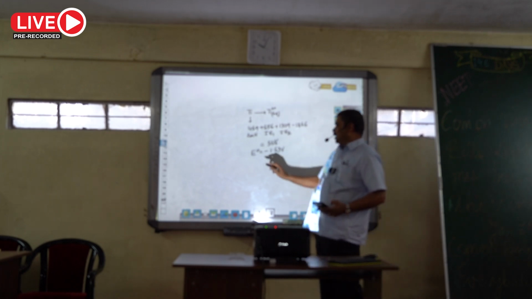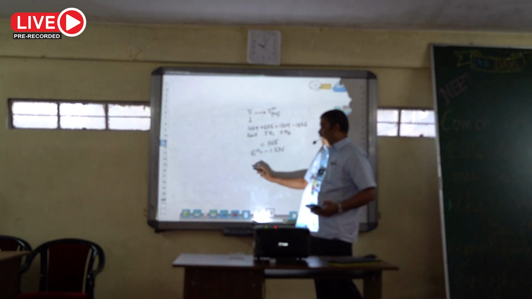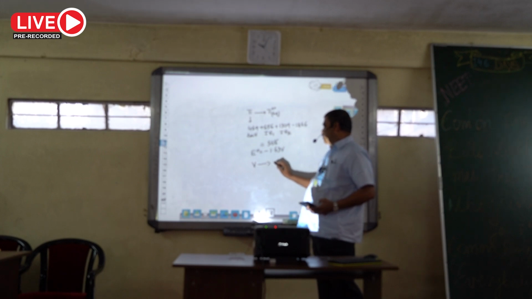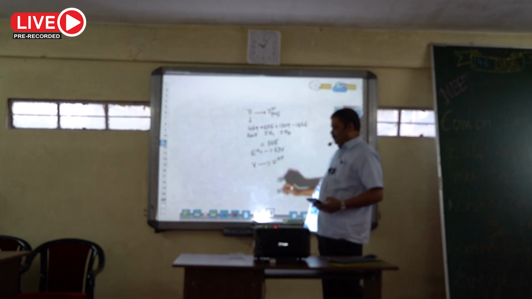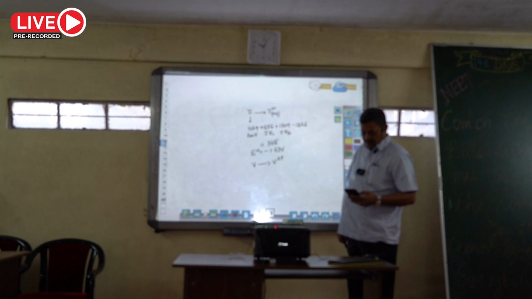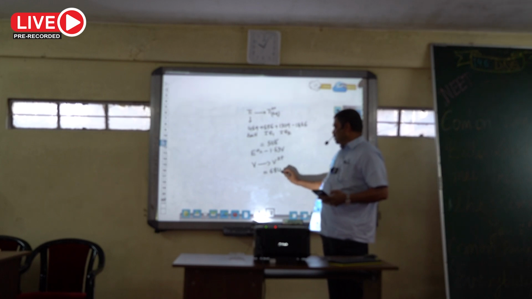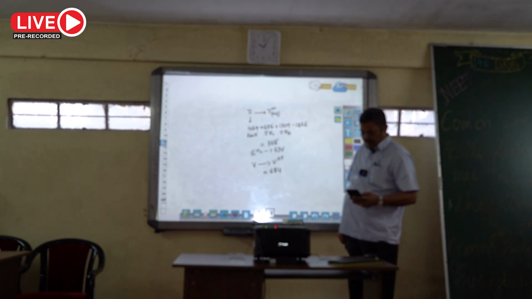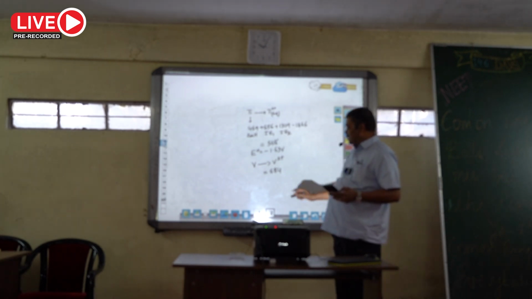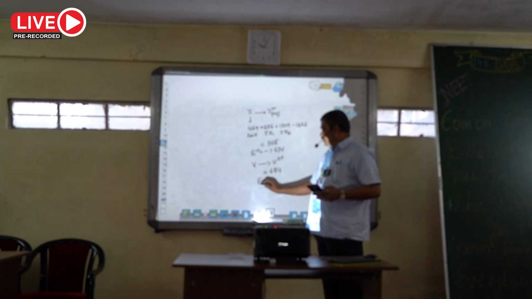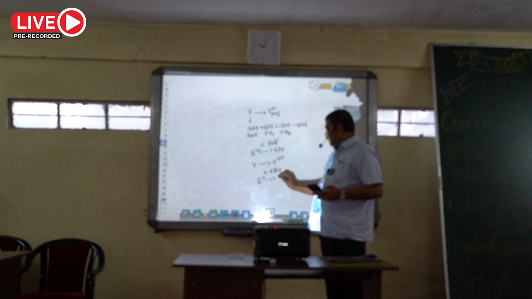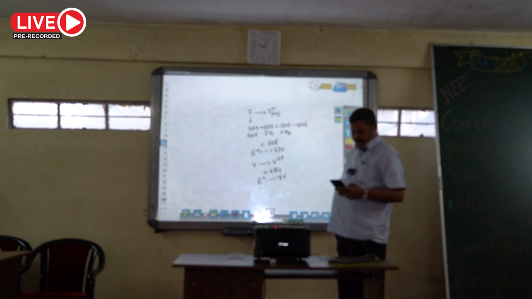Now if you look at titanium, next one, vanadium. To give vanadium 2 plus, if you do all these values, you will get 684. The final value I already worked out. 684, and the E naught is minus 1.18 volts.